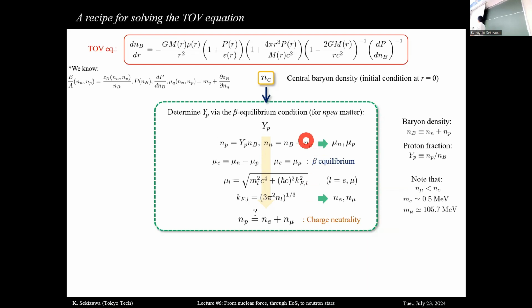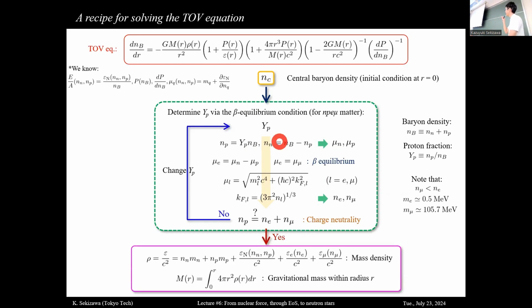So by putting in some prior Yp, you can calculate the chemical potentials of neutrons and protons. Through the beta equilibrium condition, you can get the chemical potential of electrons, and it is related to the number densities of leptons. And you can check if this condition is satisfied. Then you can repeat this procedure to determine the proton fraction that satisfies beta equilibrium and charge neutrality conditions.